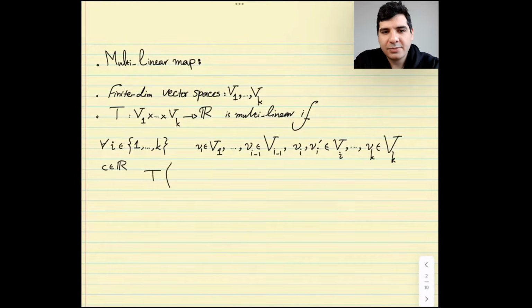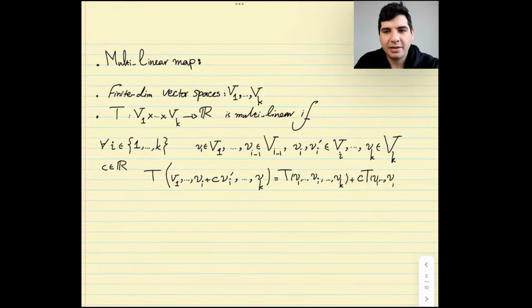So I would say T is multilinear if T of v1 up to vi minus 1, then vi plus c vi prime, and then up to vk, would be equal to, so it should be linear in the ith coordinate for each i, T of v1 up to vi and then the rest up to vk, plus c times T of v1 up to vi prime and then the rest up to vk.